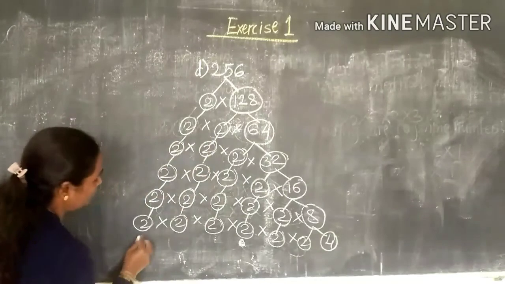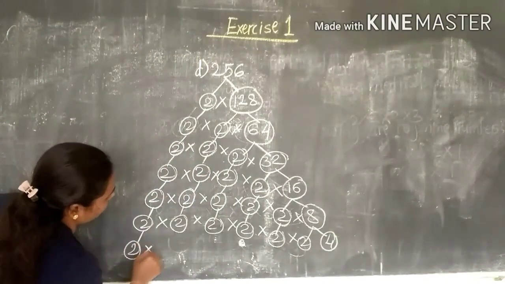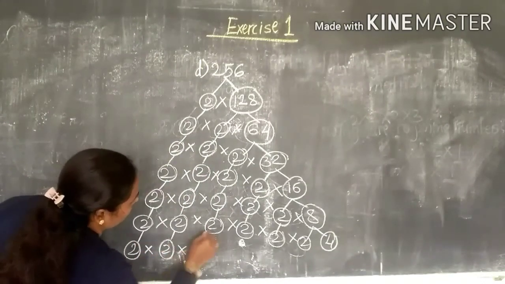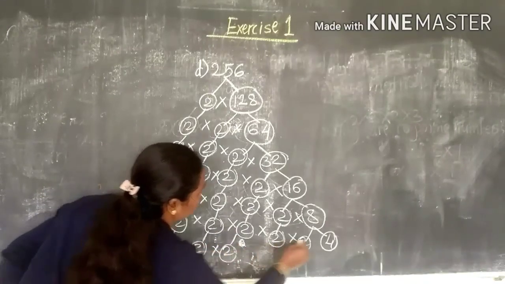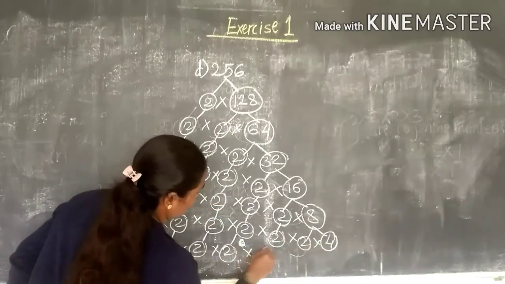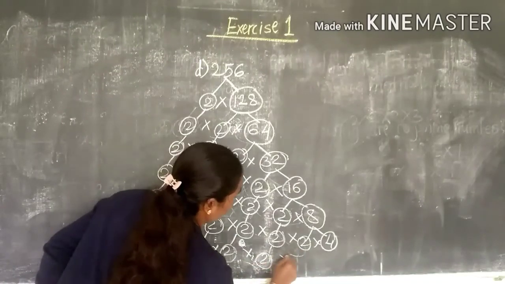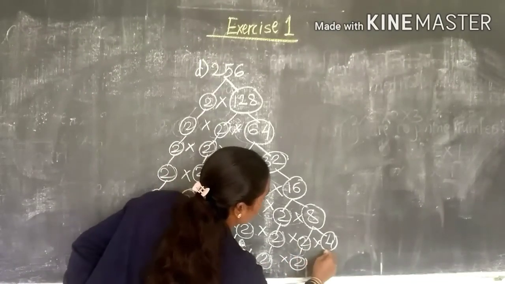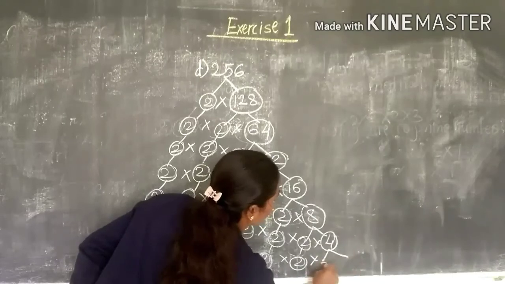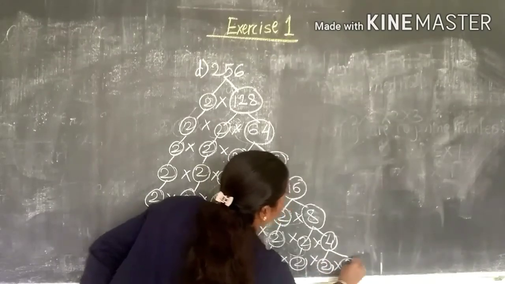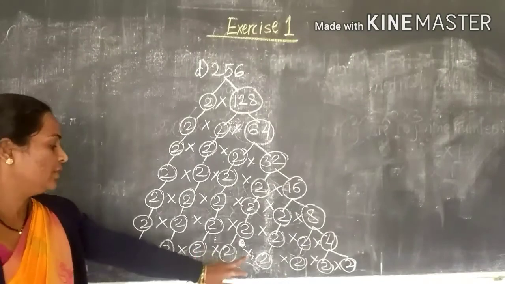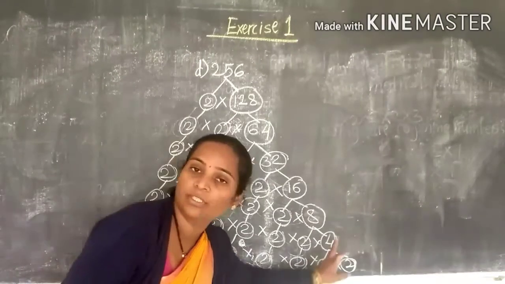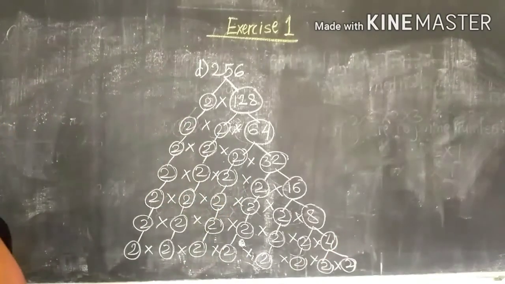Again we will divide it, 2 into 2 into 2 into 2. Yes. 2 2s are 4. We got here 2 2s are 4. Now it is enough. 2 into 2 into 2 into 2 into 2 into 2 into 2 into 2. We have got 256.